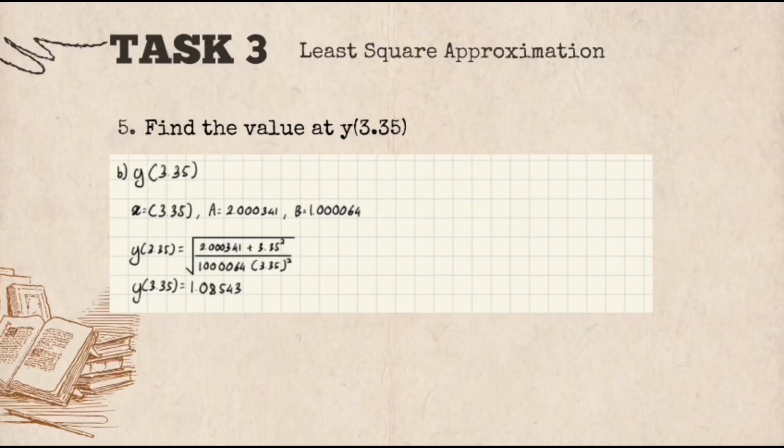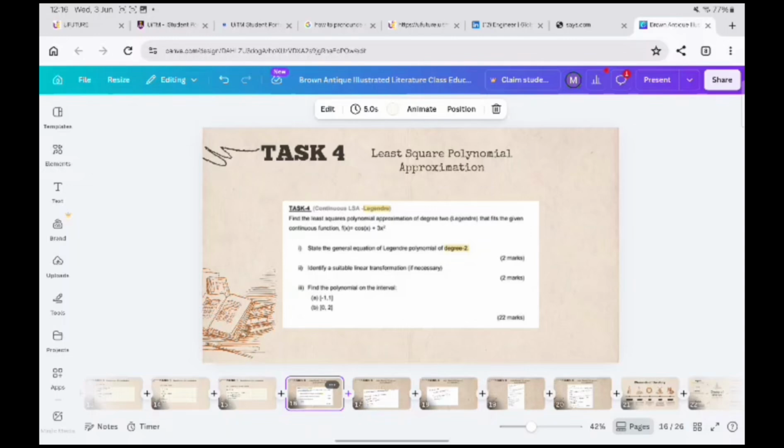So Y at 3.35 is equal to 0.00341 plus 3.35 squared over 1.00064 times 3.35 squared. So the answer is 1.08543.